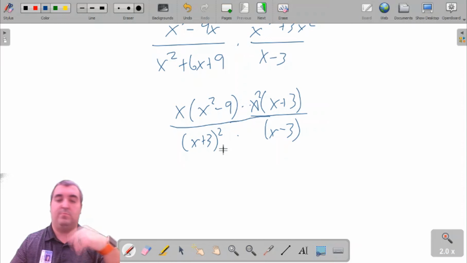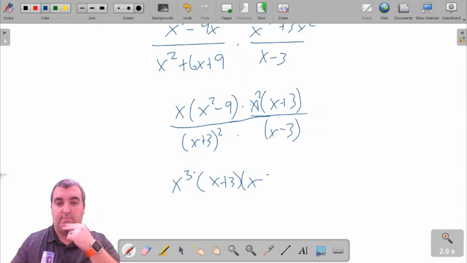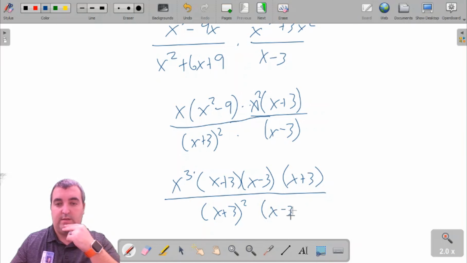So we're multiplying. Now we keep factoring, so I'm going to have x, and actually I'm going to multiply it with that x squared, so x times x squared is x cubed. Then that's going to be x plus 3, x minus 3, and then we have another x plus 3 right there, all over x plus 3 squared and x minus 3.